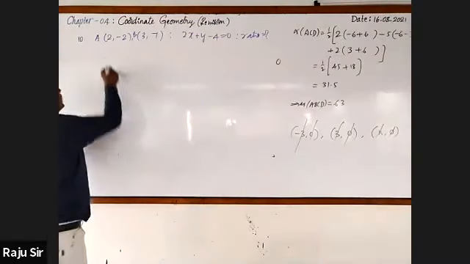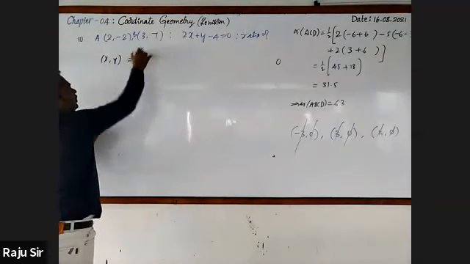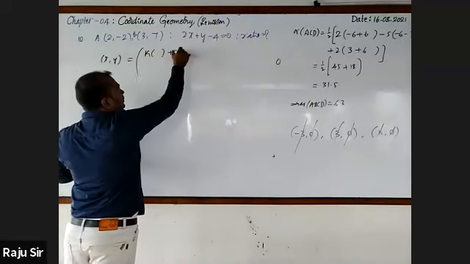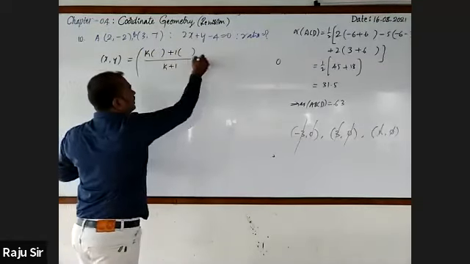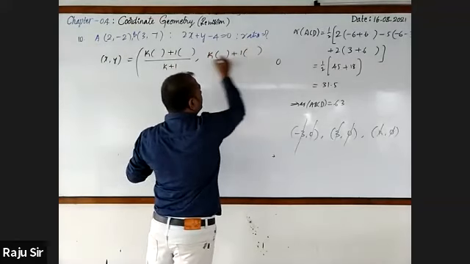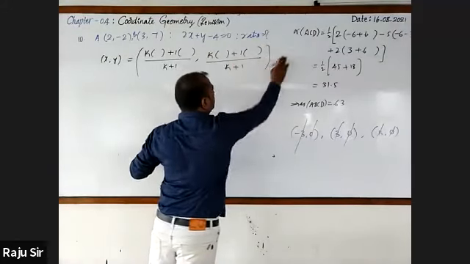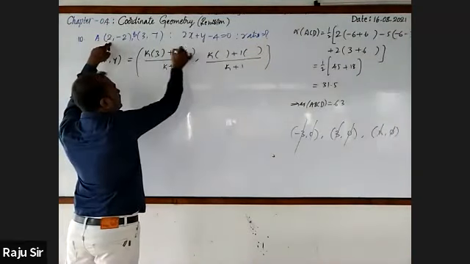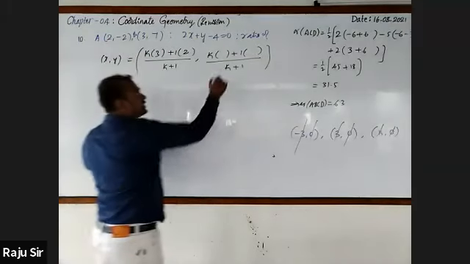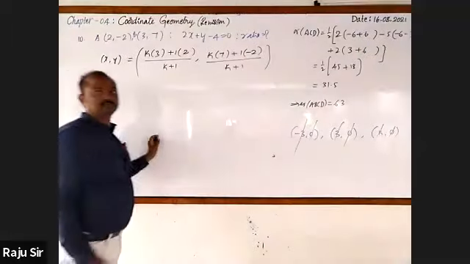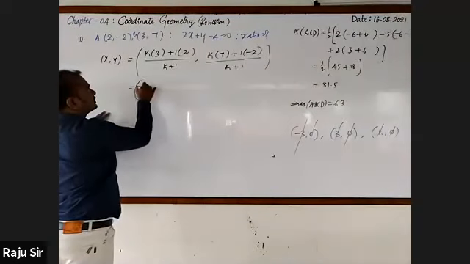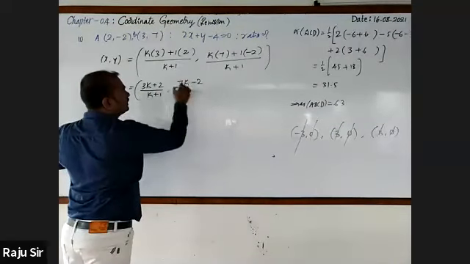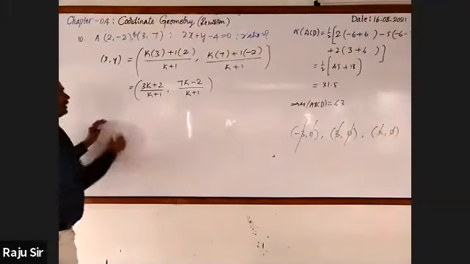It is x comma y is equal to, taking the ratio k is to 1, k into x2 plus 1 into x1 by k plus 1, k into y2 plus 1 into y1 by k plus 1. With x1 = 3, x2 = 2, y1 = 7 and y2 = minus 2, it is equal to 3k plus 2 by k plus 1 and 7k minus 2 by k plus 1. It is x comma y.